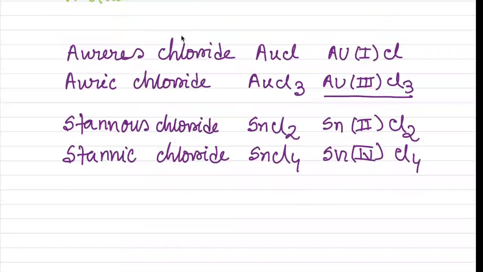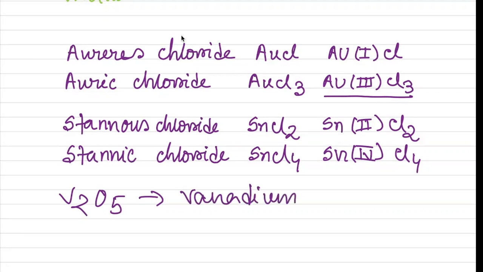One more thing we can write, just like V2O5. V2O5 is actually vanadium oxide. Here, this is known as vanadium(V) oxide. Clear?